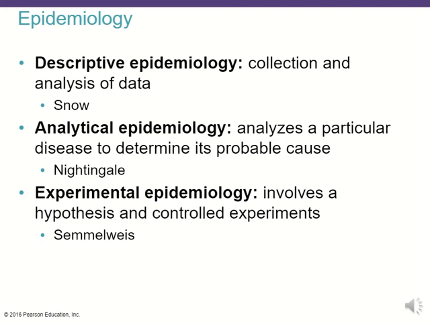Now, types of epidemiology. There is descriptive epidemiology, which is a collection of relevant data and then the analysis of it, for example, what was performed by Snow. There is analytical epidemiology, which analyzes a particular disease to determine its most likely cause, such as in the case of Nightingale's research.